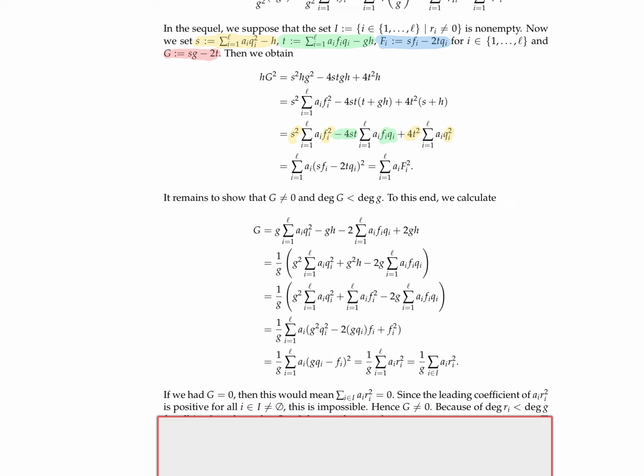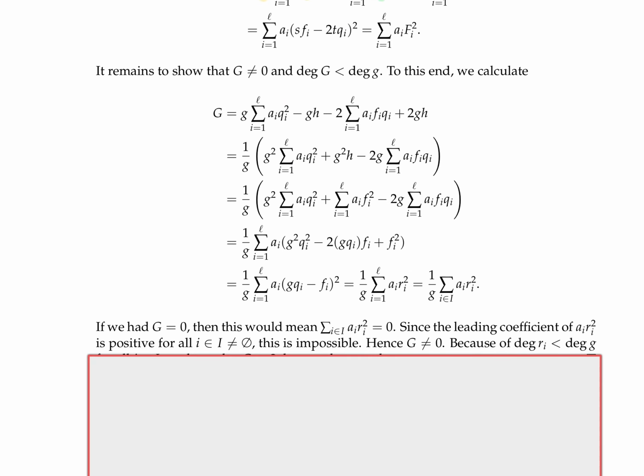You know, in such a sum, the leading coefficients cannot cancel out. I mean, those coefficients of highest degree, so the monomials of highest degree that appear in any of these terms in the sum, they cannot cancel out, of course, right? They cannot, if I sum them up.